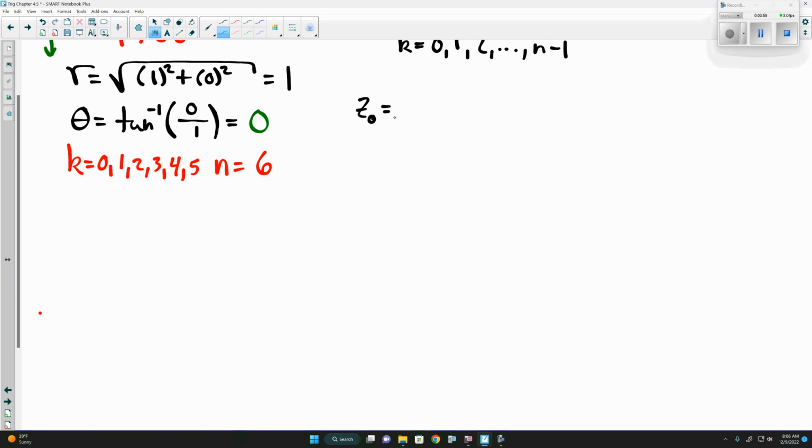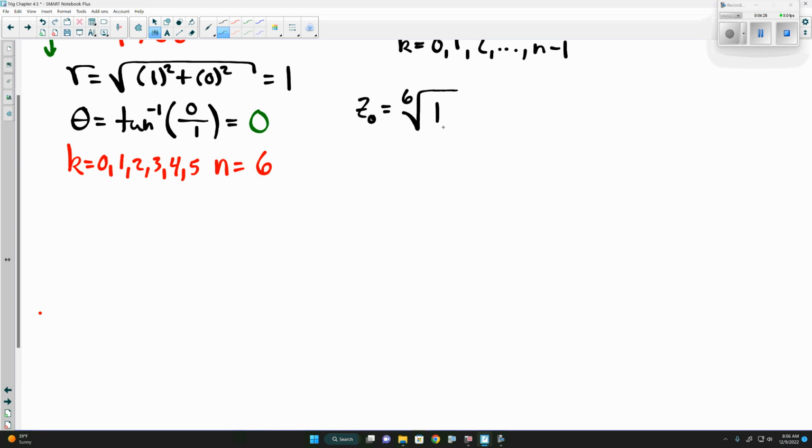Now, the first one we'll start off with is the 0, where the value of k is 0. Now, we have the nth root of r. So n is 6, and r is 1. This is really going to be the last time we write this, because the 6th root of 1 is, what? 1. Really, no matter how big the root we take of 1, it's still just 1.